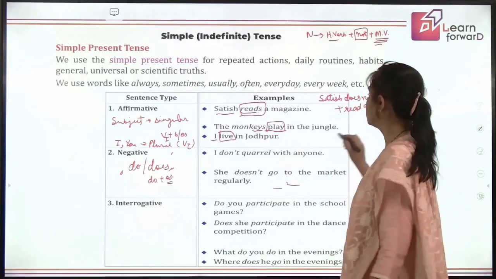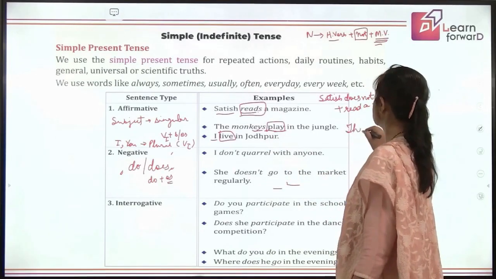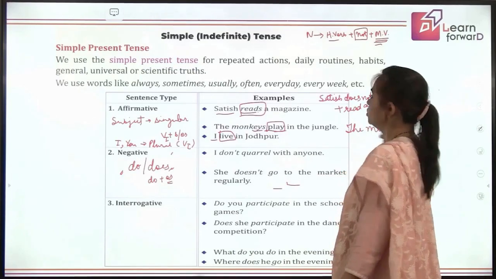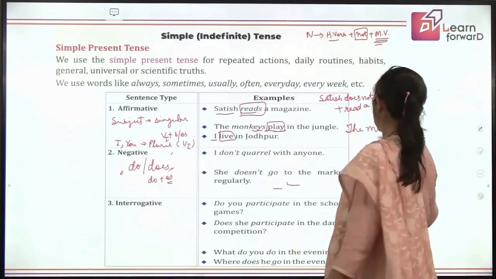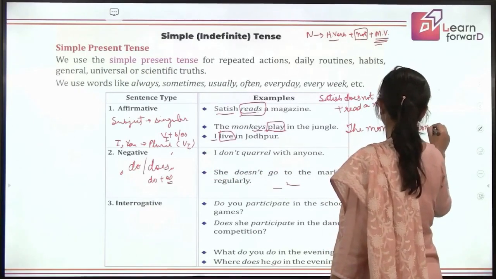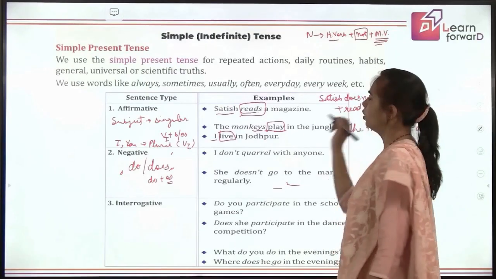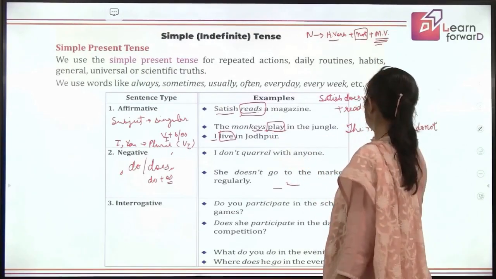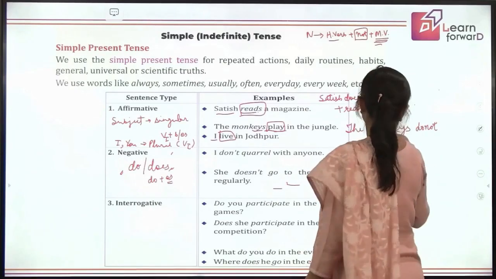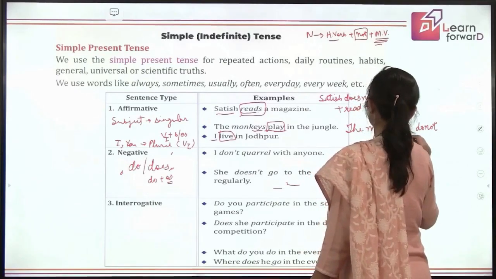Now here your subject is already plural. So the monkeys. What will be the helping verb, children? Do. Yes, without S/ES. Then you have to introduce not. So it will be the monkeys do not. And what is the main verb here? Play. There is no point of S/ES. So play will be the same. The monkeys do not play in the jungle.